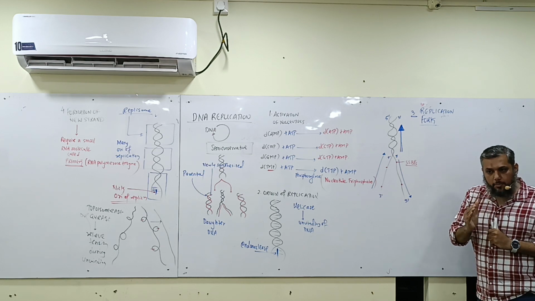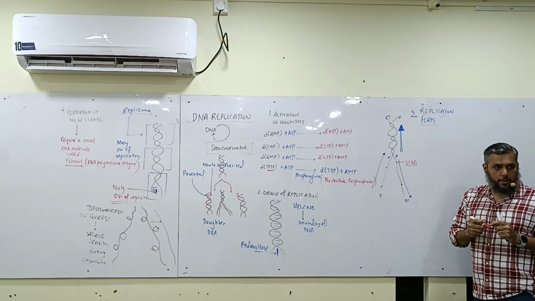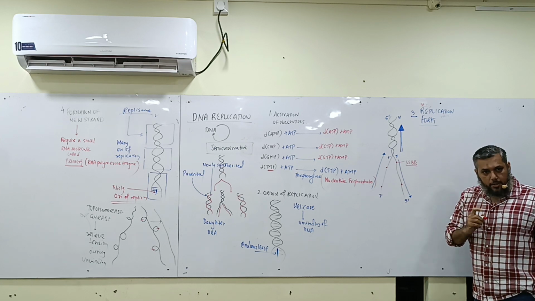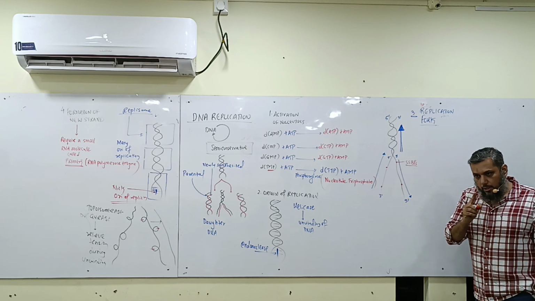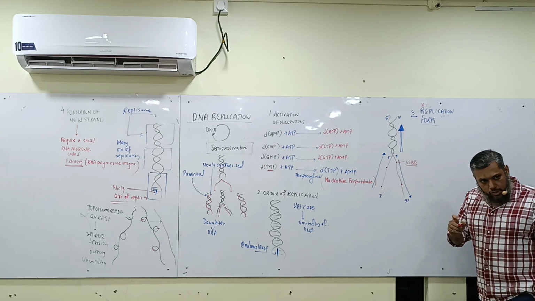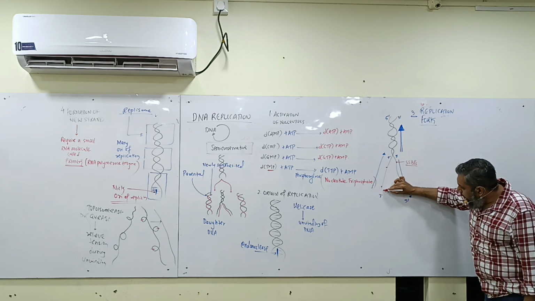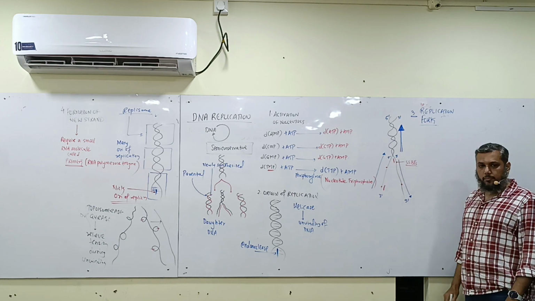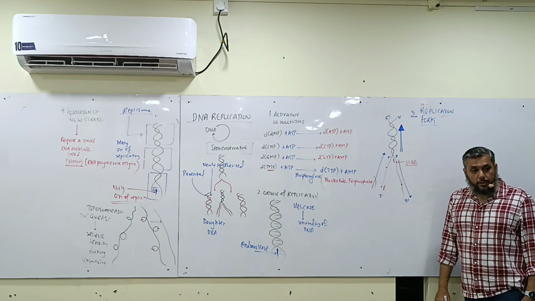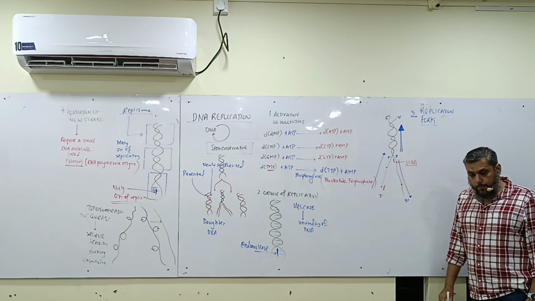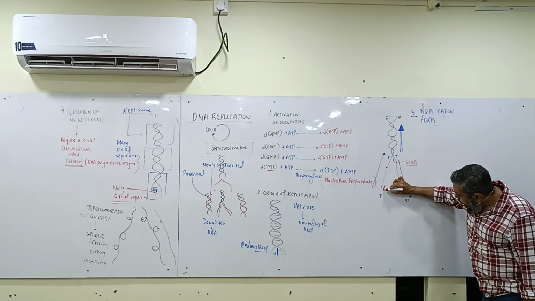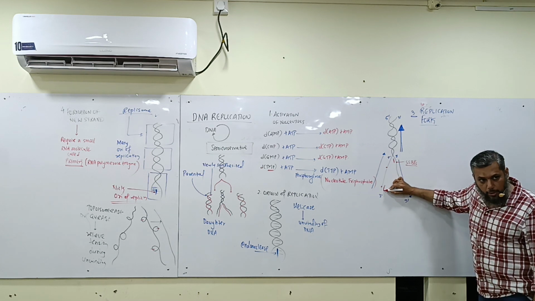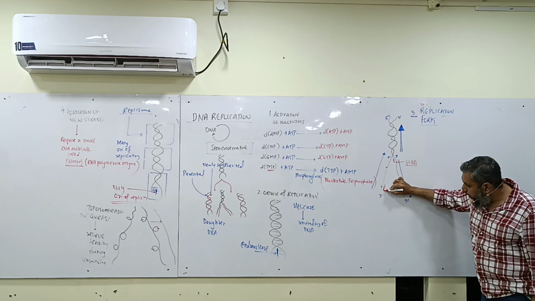RNA polymerase enzyme. Now this RNA primer will get attached to the 3' end of the separated template. Which end? 3' of the separated. ये कौन है?